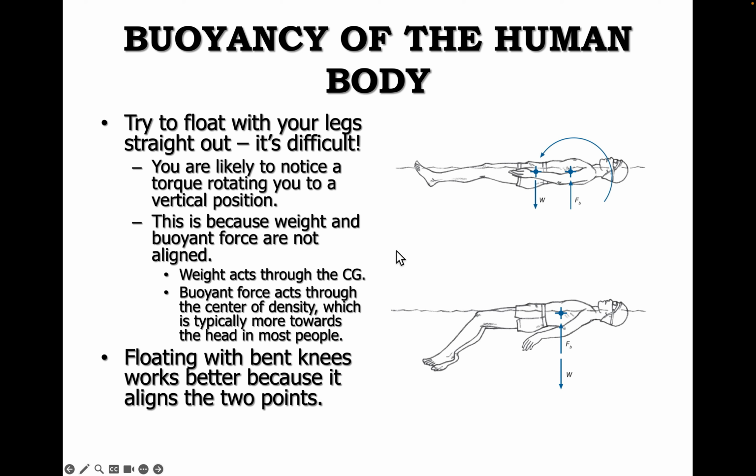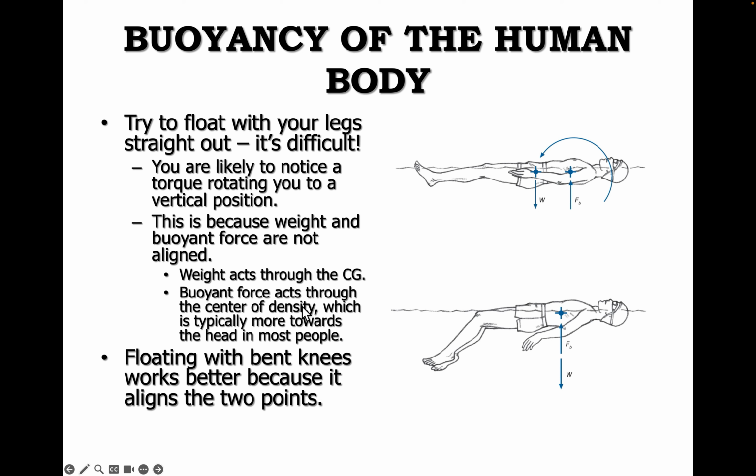It's important to know why this happens: it's because weight and buoyant force are not aligned. They are eccentric forces. We know that weight acts through the center of gravity of the particular individual. So if you look at this top picture here, you've got the center of gravity here, and you see that W, the force W, is pulling your human body down.